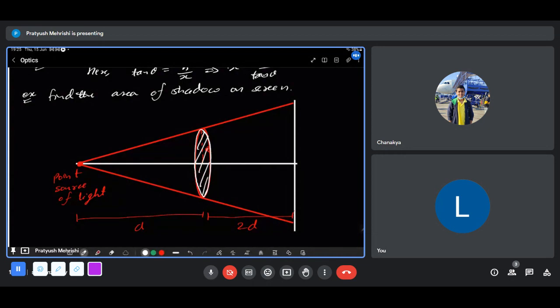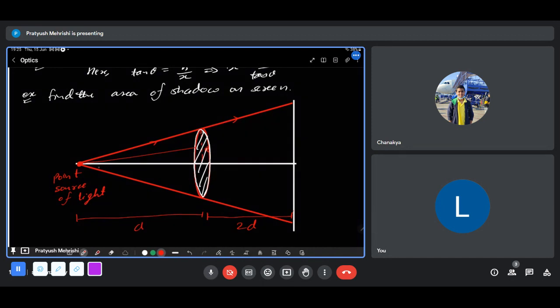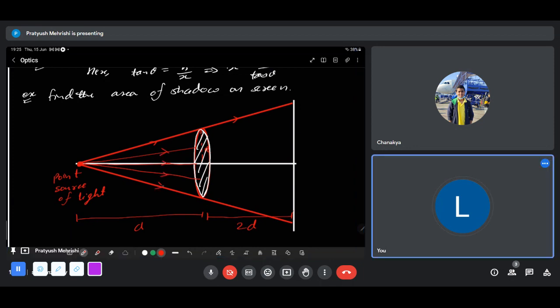Now, rays of light which were incident were stopped by this opaque object.